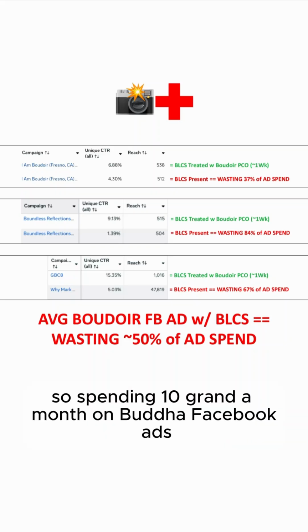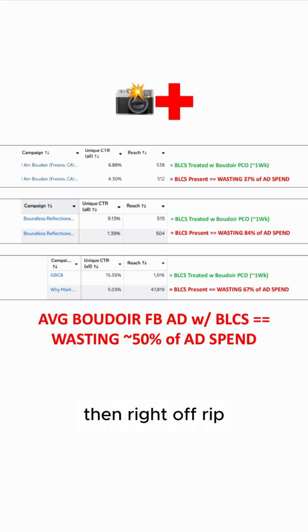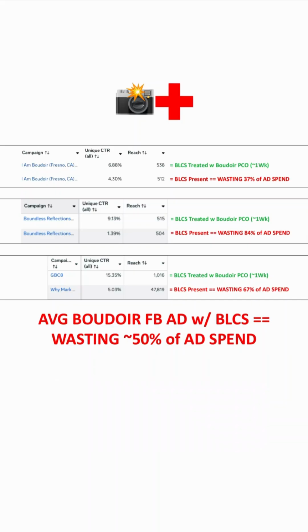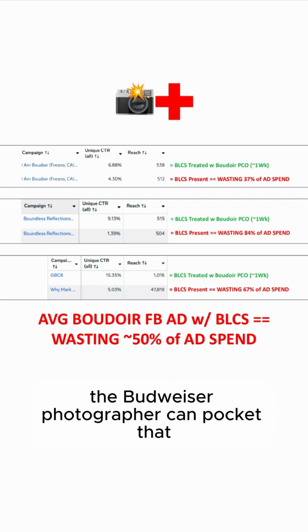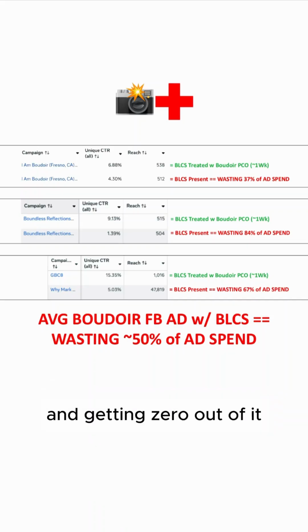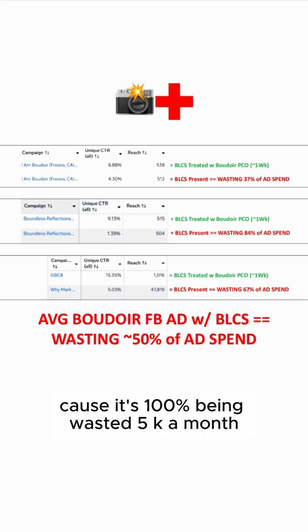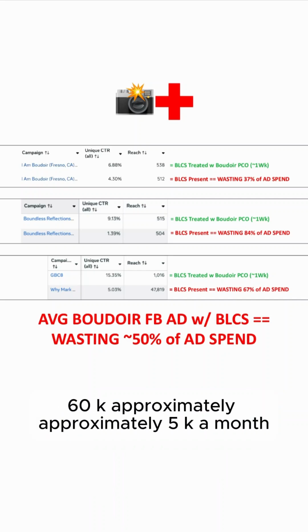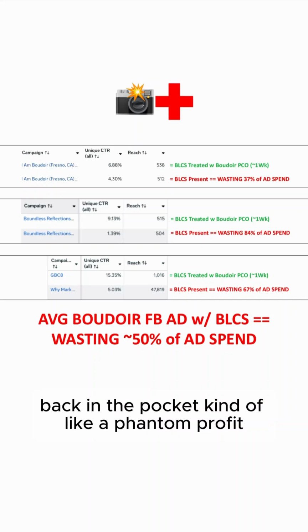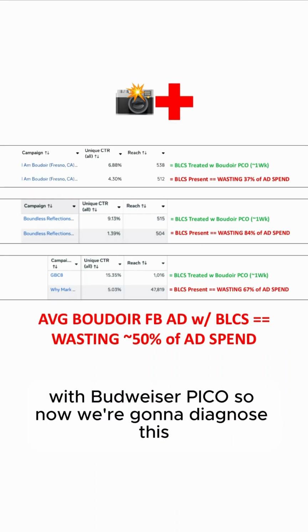So, spend 10 grand a month on Boudoir Facebook ads, then right off the rip, approximately 5K every single month is being wasted. And as a result, we can eliminate that. The Boudoir photographer can pocket that instead of sending it to the Zuckinator and getting zero out of it because it's 100% being wasted. 5K a month, approximately 60K in the next 12 months, back in the pocket, kind of like a phantom profit, Boudoir Pico profit with Boudoir Pico.